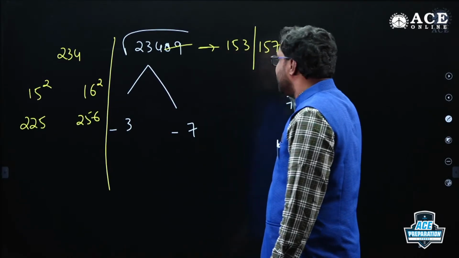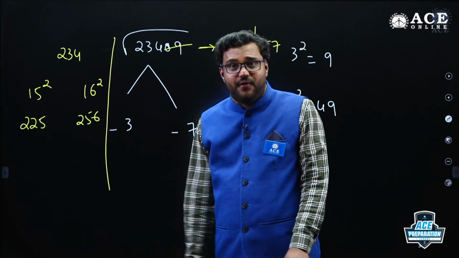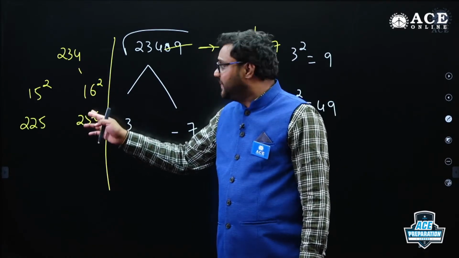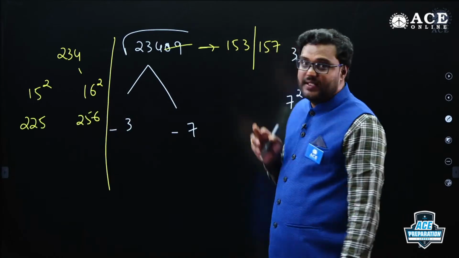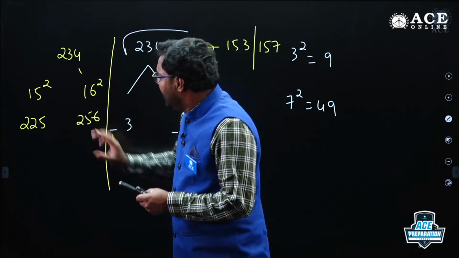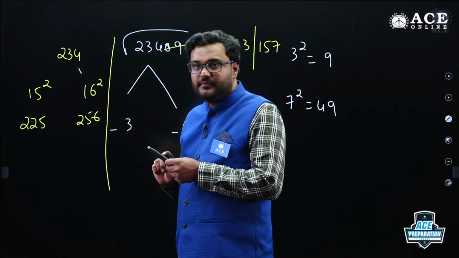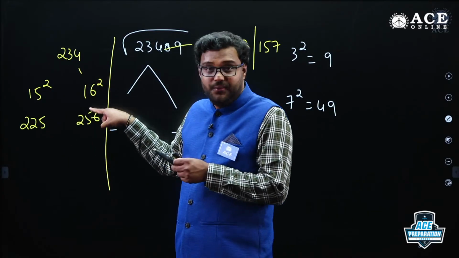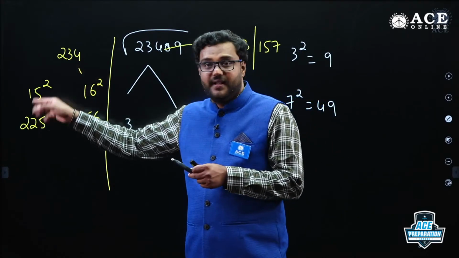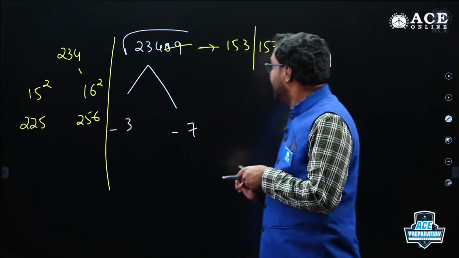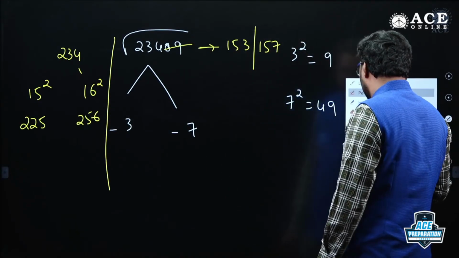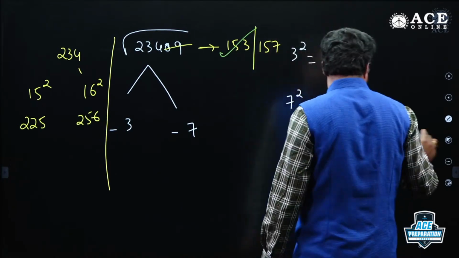One among these. How to decide? Which one is 234 closer to? If it is closer to 256, then I should go with 157. But how to decide closer: the difference here is 9, the difference here is 22. As it is a 9 difference, this is closer to that side. So we have to go with 153, my dear friends.